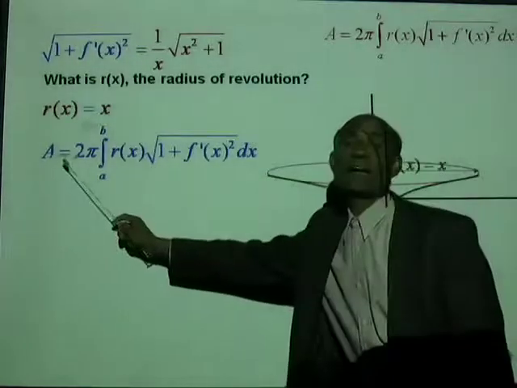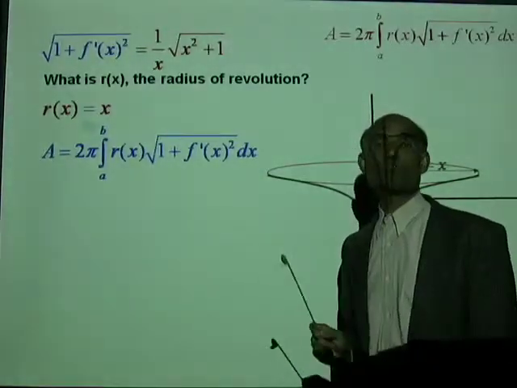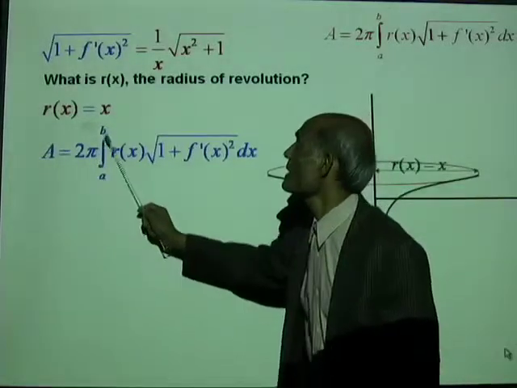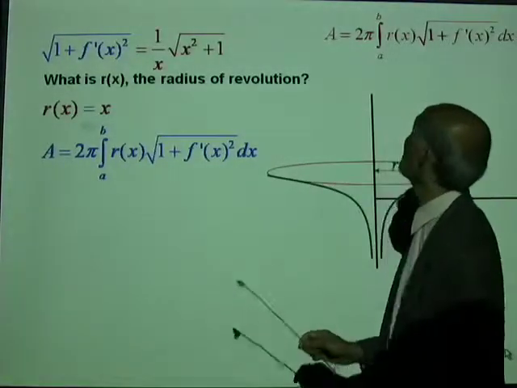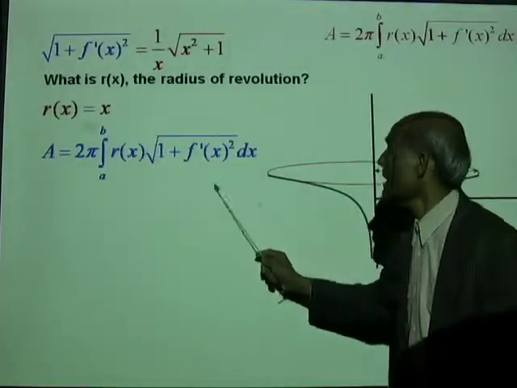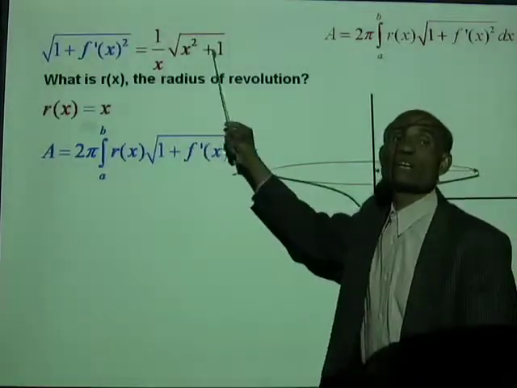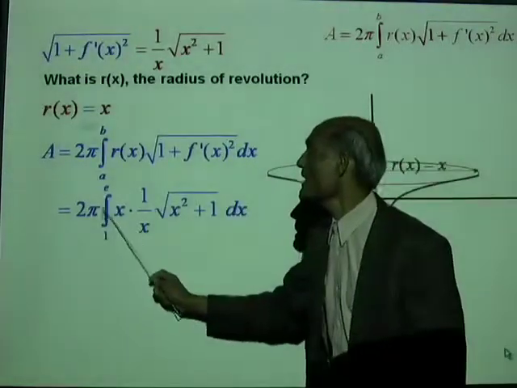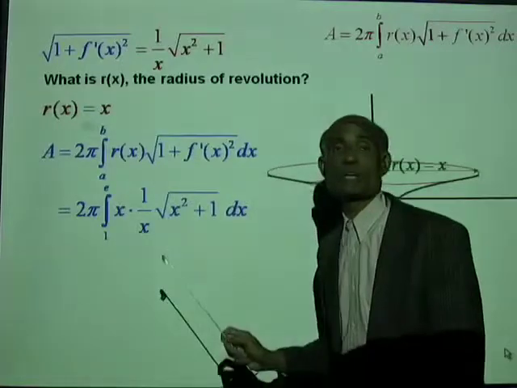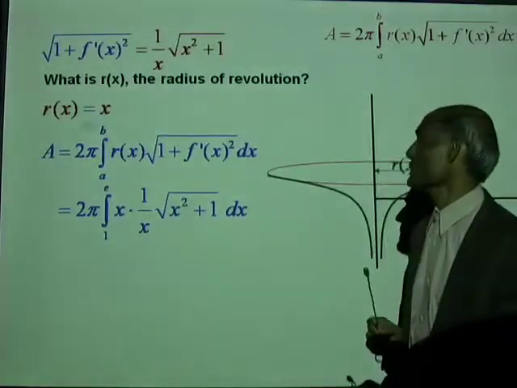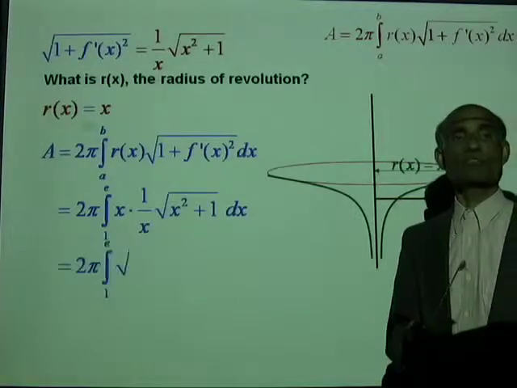Now therefore we have now the complete formula for the area. A equal to 2 pi integral a to b. We know the values of a and b. R of x equal to x, and the square root quantity equal to this. Replace all that. It will be 2 pi integral 1 to e x times 1 over x square root x squared plus 1 dx.